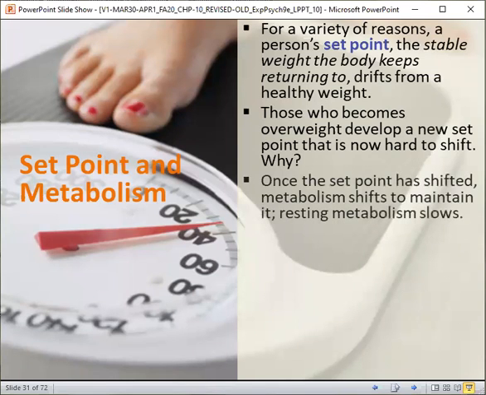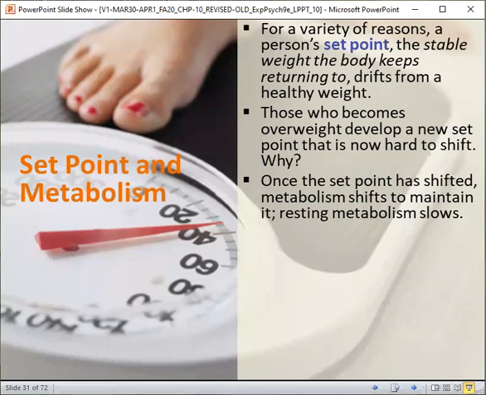And why is this? Well, once the set point has shifted, your metabolism shifts to maintain it. Once the set point has been established and shifted to an unhealthy weight, your metabolism goes along for the ride. It says, okay, we'll work with your new set point. We'll try to make sure that we're maintaining this particular set point. So your resting metabolism slows.